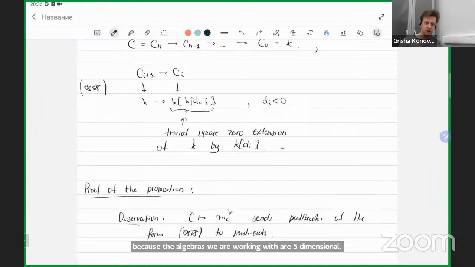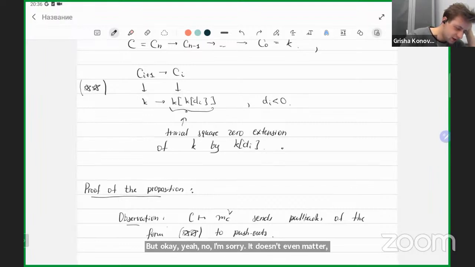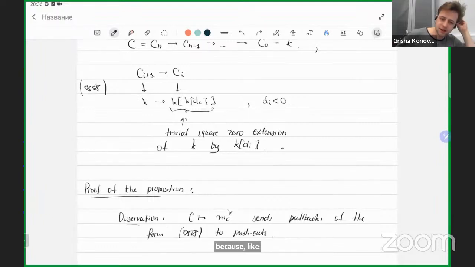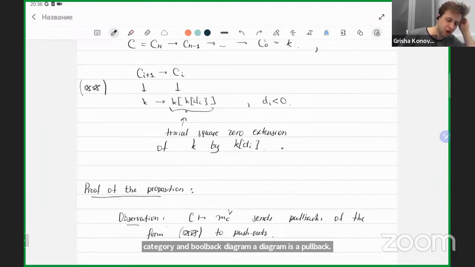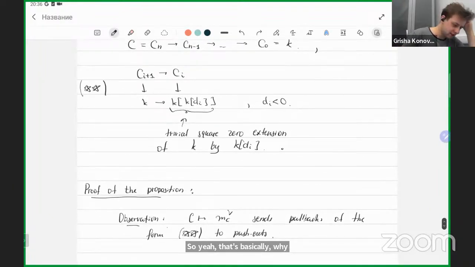Therefore, dualizing such a complex, in fact, it preserves. But okay, no, I'm sorry, it doesn't even matter, because differential graded vector spaces is a stable category, and a diagram is a pullback if and only if it is a push out. So yeah, that's basically why dualizing sends such pullbacks to push outs.